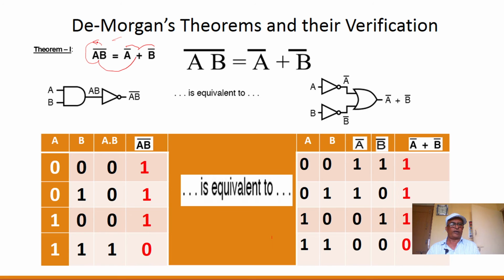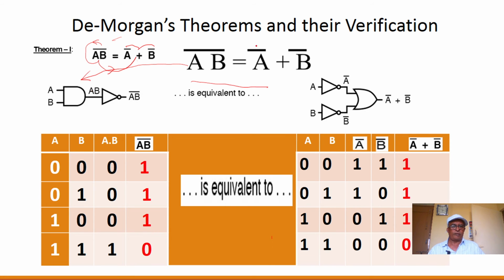Complement of A and B is equal to the sum of the complements. So we can write it mathematically in this form. If we consider the left hand side, this is A into B. We can obtain A into B by using an AND gate: if the inputs are A and B, then the output is AB.